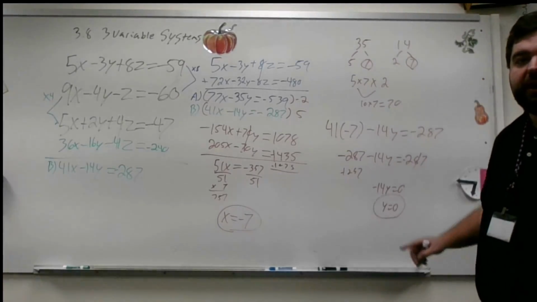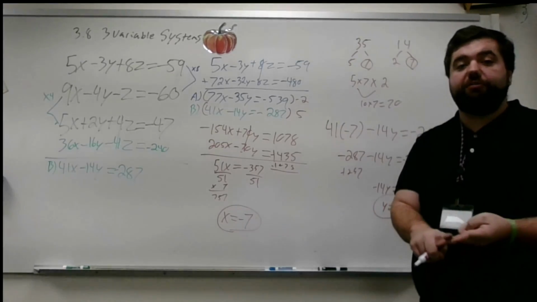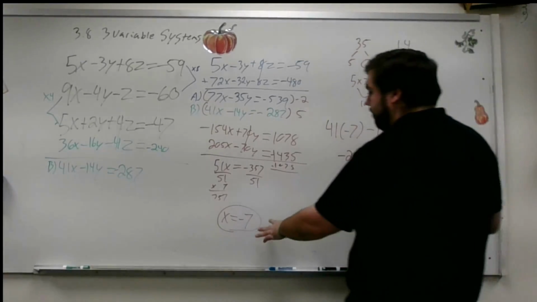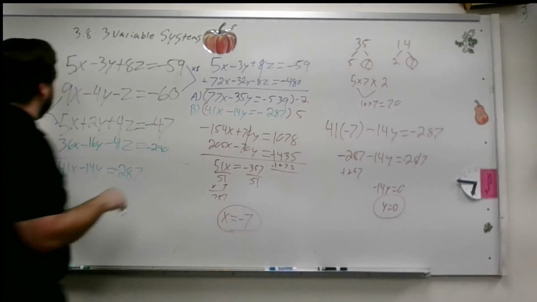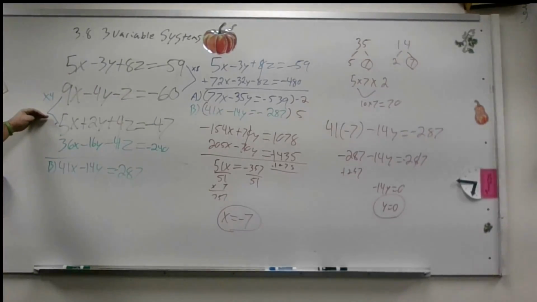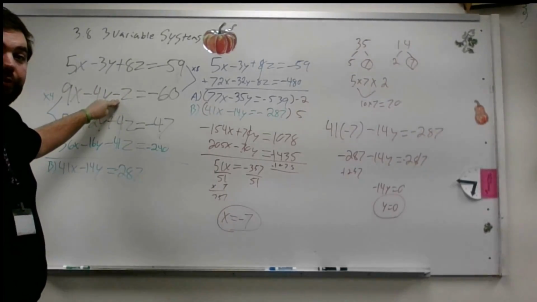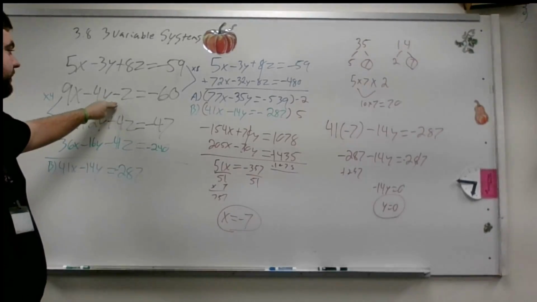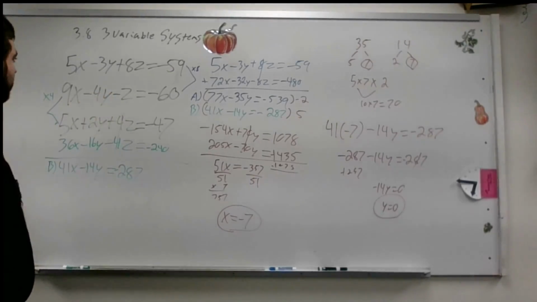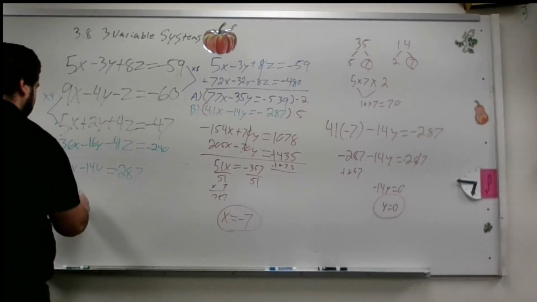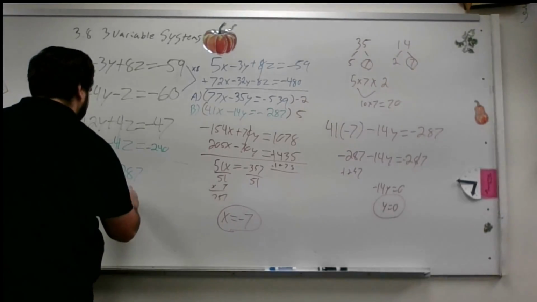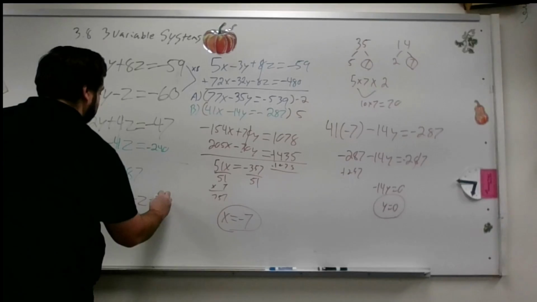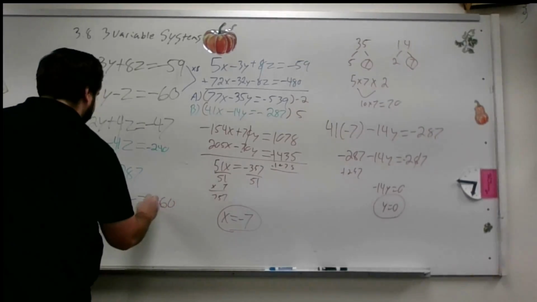Now I found 2. I have x is negative 7, y is 0. Take both of these answers, I'm going to plug them into any of my original 3 equations. All right? Based on the fact that this coefficient's 1, I'm going back to here. So I plug in my x and my y. So we get 9 times negative 7 minus 4 times 0 minus z equals negative 60.